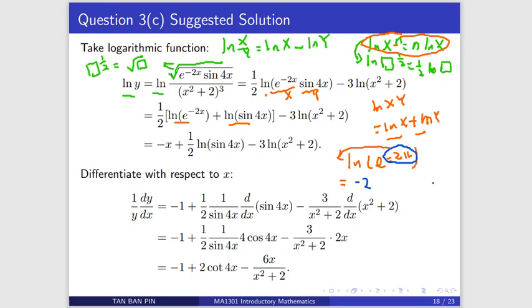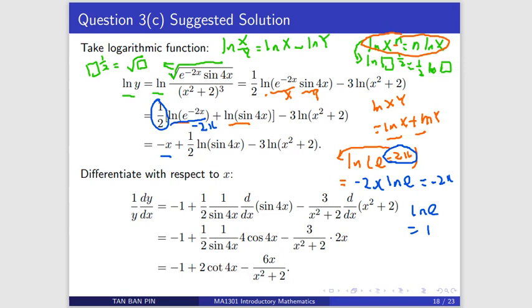Then it will be minus 2x ln e, and ln e is just 1. So it just gives you minus 2x. Minus 2x times the half gives you minus x.